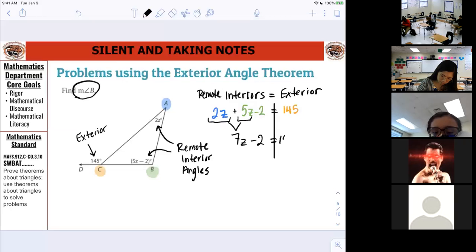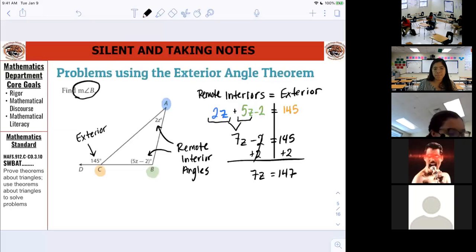And then you do 147. Oh, wait. Almost there. Now what? 147 divided by 7. Okay, no worries. But what are we doing on both sides now? 147 divided by 7?